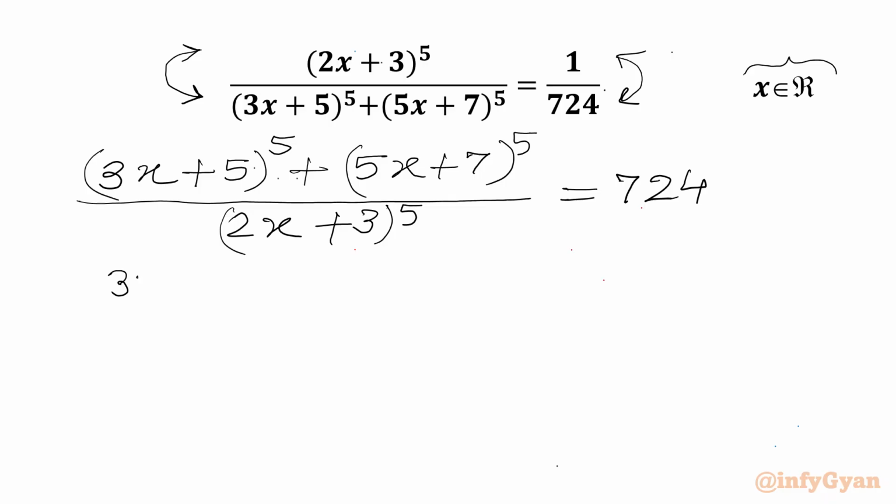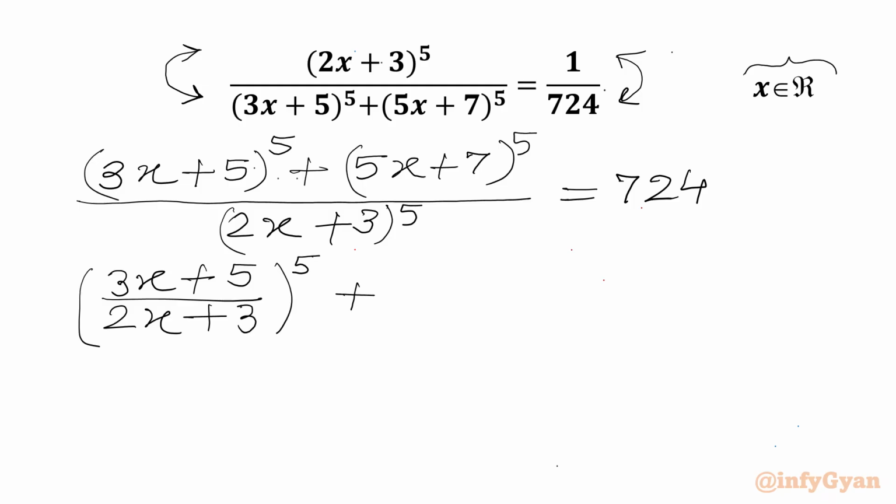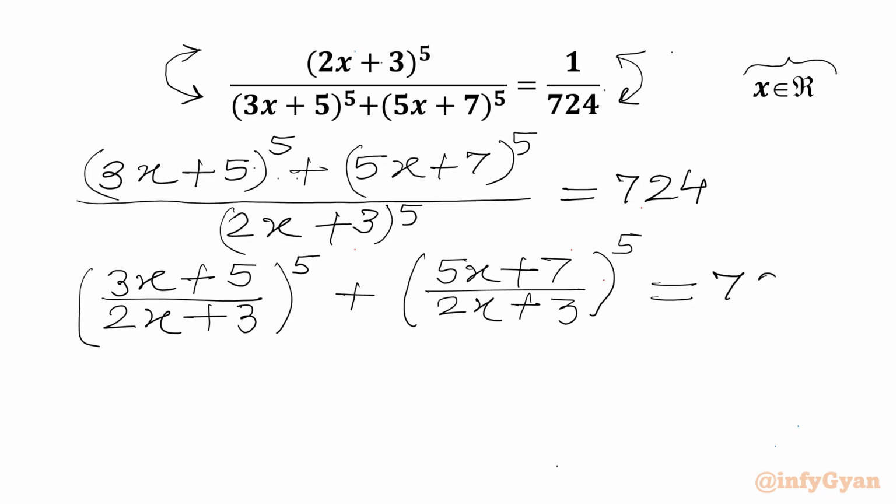Now I can write our equation: (3x plus 5 over 2x plus 3) whole power 5 plus (5x plus 7 over 2x plus 3) whole power 5 equal to 724.